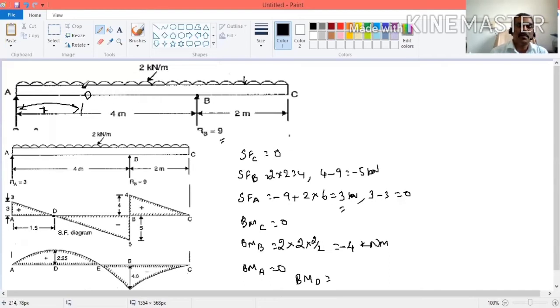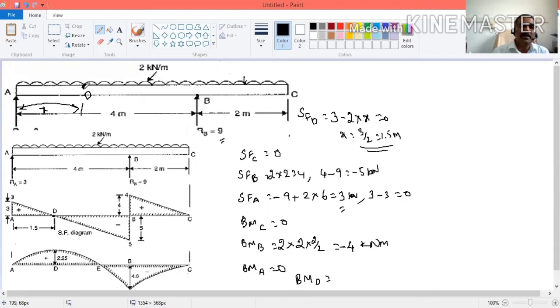Shear force at D is equal to 3 kilonewton, left side upward is positive, minus 2 kilonewton per meter into x, equal to 0. Then x is equal to 3 by 2, that is 1.5 meter. So at D, 1.5 meter from A, shear force is equal to 0.